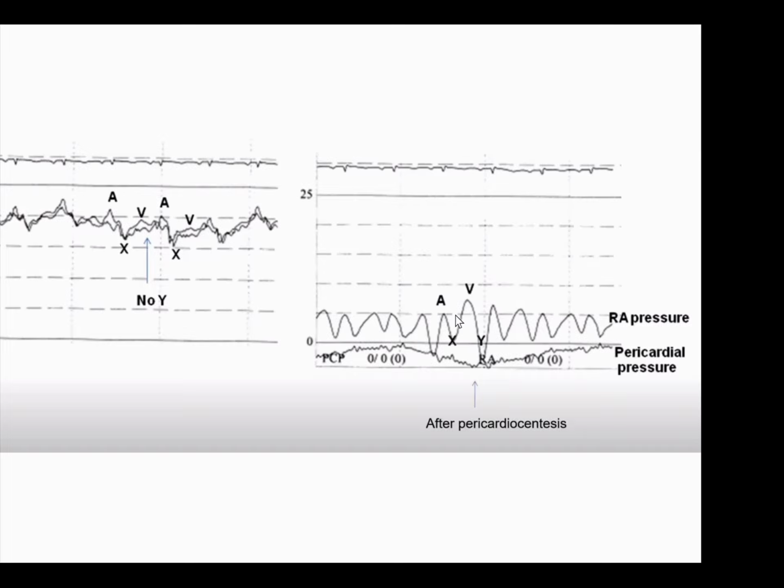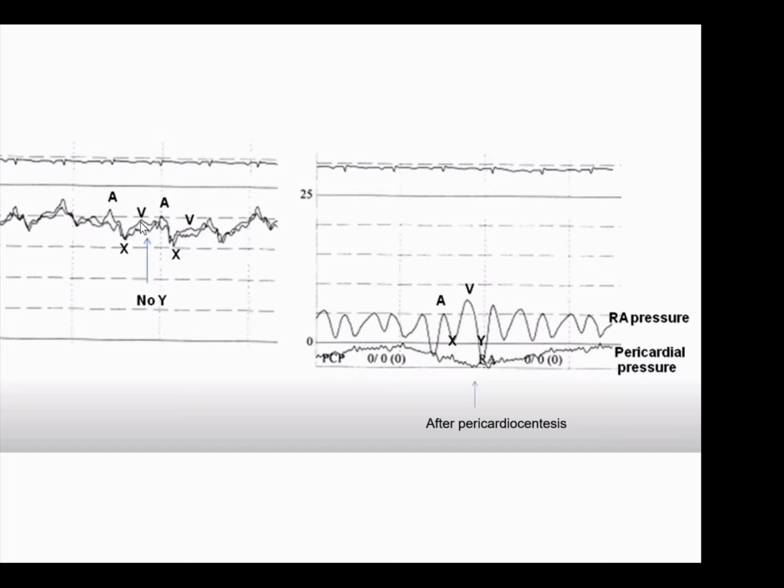Look here at the normal form, then again look at the other form. So here it is the P wave. Just after the P wave, a prominent positive wave is coming, that is the A wave. Then there is a descent that is called the X descent. This is the T wave occurring. Just after the T wave, a prominent V wave, and a prominent V wave will be followed by a Y descent.